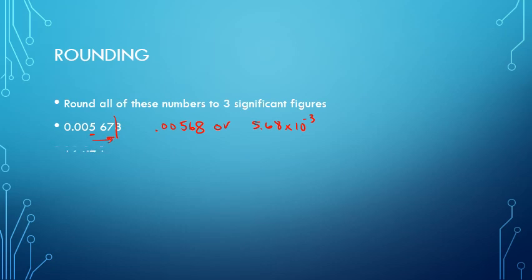In our next example, I have 12,345. So again, I'm going to take three numbers and start counting those. So I have 1, 2, 3, and then 0, 0 for my answer. Again, the 4 is the first number. I can't double round, so I can't say that 5 is going to make the 4 into a 5, and then that 5 will then make the 3 into a 4.